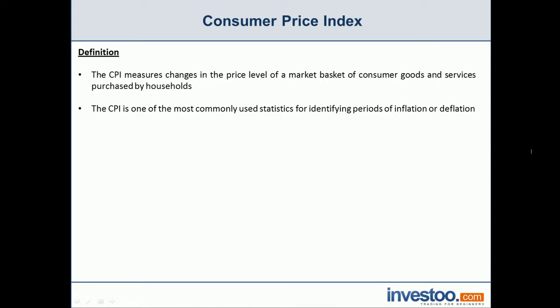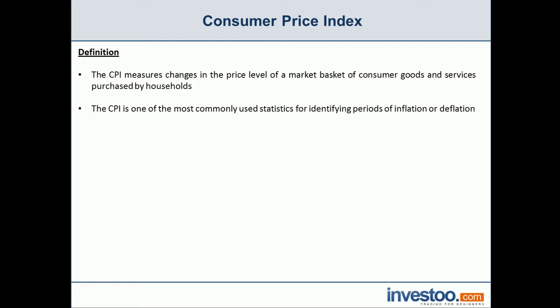So the CPI is one of the most commonly used statistics for identifying periods of inflation and deflation. Now, in periods of inflation, the buying power of the dollar, let's take the dollar as an example, will decrease, and in periods of deflation, the buying power of the dollar will increase.